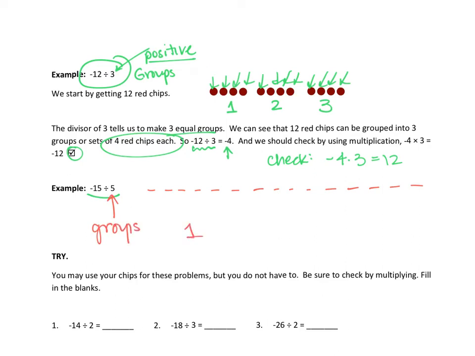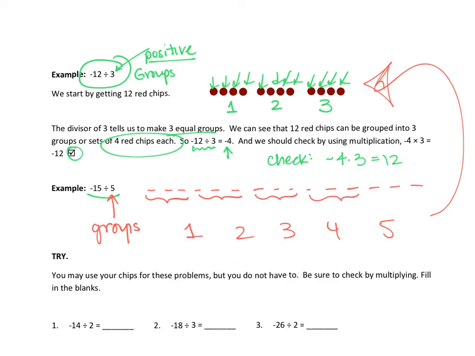So we need group 1, 2, 3, 4, 5. Some people like to split it evenly like I showed you above, but we can also take 3 at a time, because we already know what 15 divided by 5 is. Now it's just saying that they're negatives. So each of these groups is going to have 3 negatives in it. So negative 15 divided by 5 is negative 3.